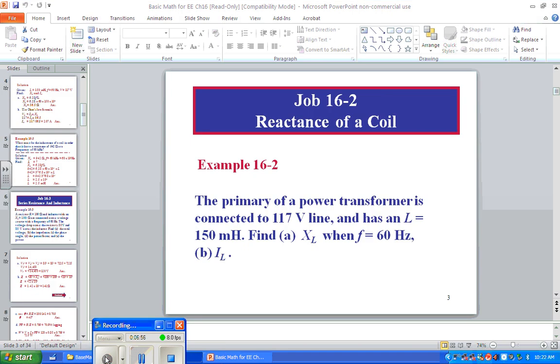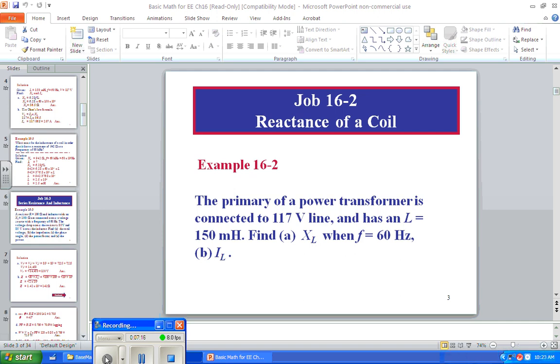And we're rolling, and let's talk about reactance of a coil. We've been talking about that all morning. The primary of a power transformer is connected to a 117 volt line and has an inductance of 150 millihenries. Find the inductive reactance when the frequency is 60. What's the formula?